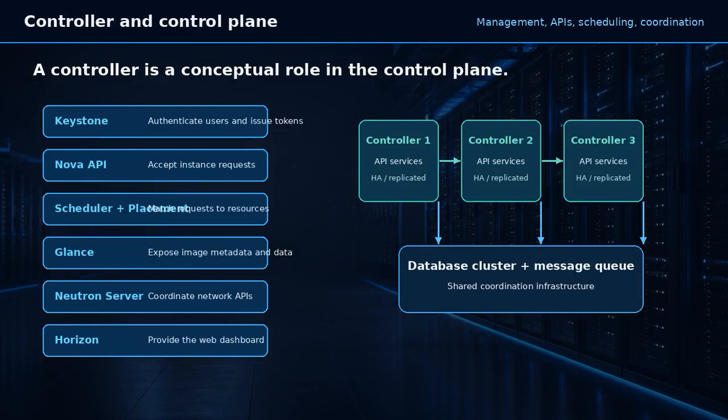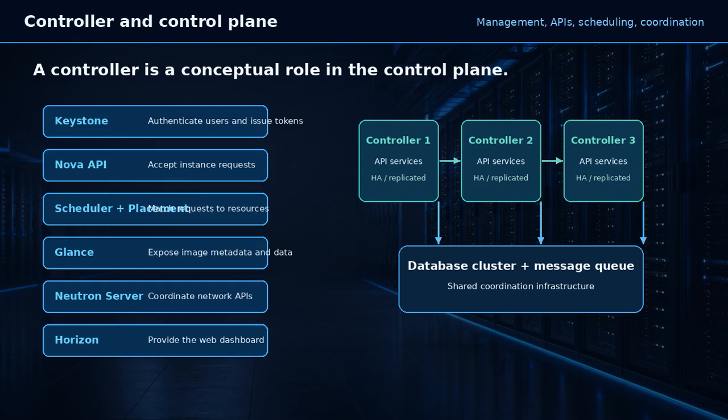The controller node is best understood as a control plane role. It receives requests, authenticates users, exposes service APIs, and coordinates work. Keystone verifies credentials, issues tokens, and supplies the identity context used by other services. Nova API accepts instance requests. Nova Scheduler evaluates available resources and works with placement to select a suitable resource provider.